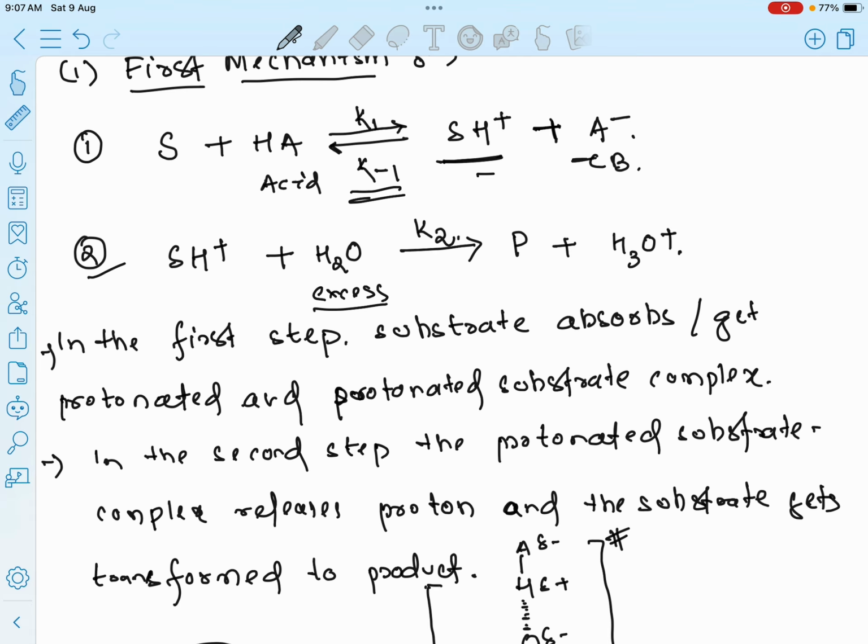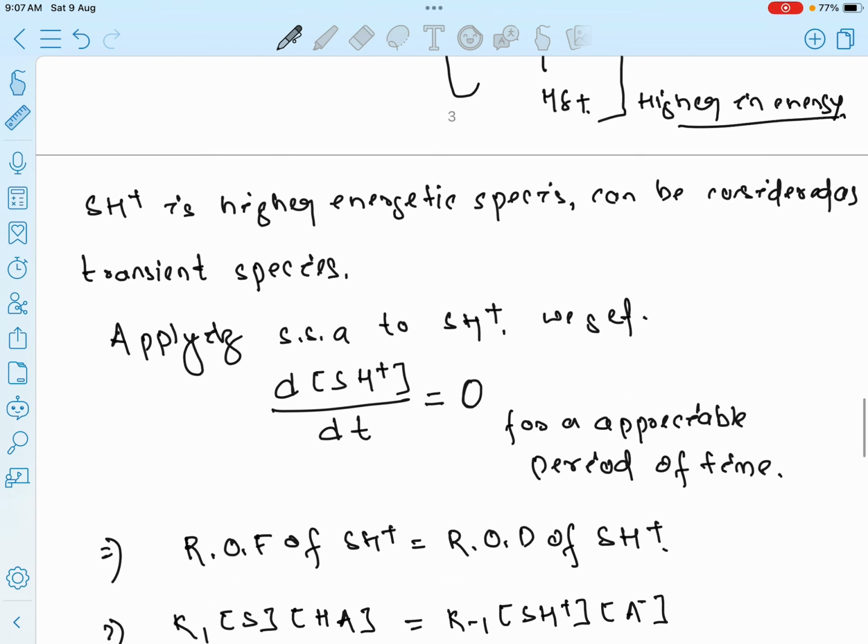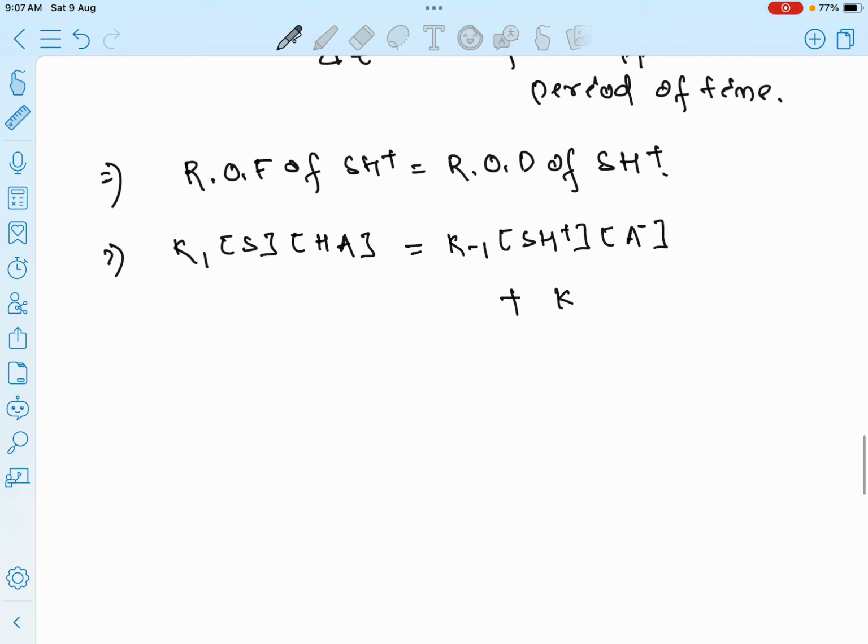In practical sense, the concentration of water will not change appreciably with respect to time. Therefore we can consider the concentration of water to be a constant, and I will not involve the concentration of water while writing the rate of the reaction. So in the second step it will be K2 into SH plus.